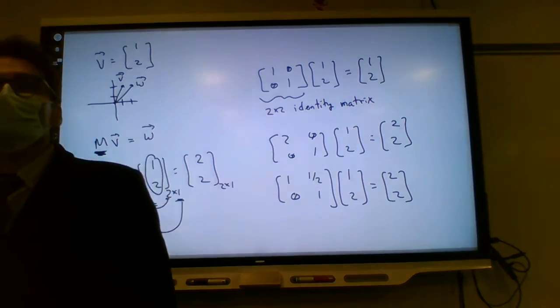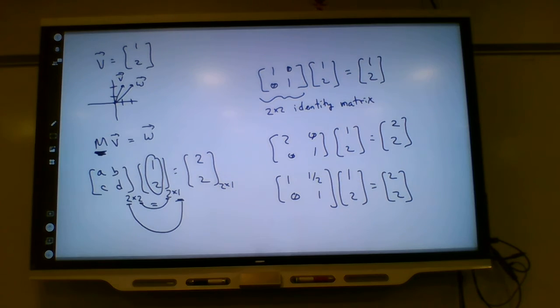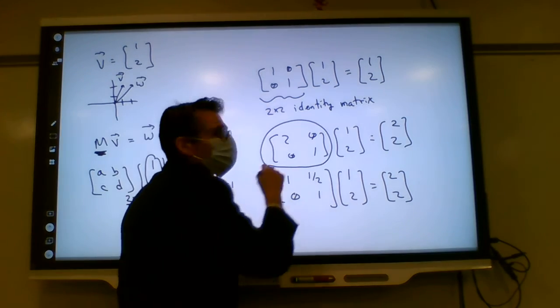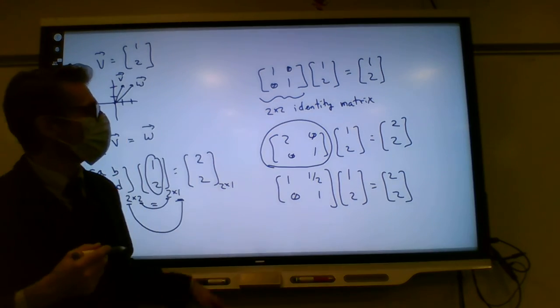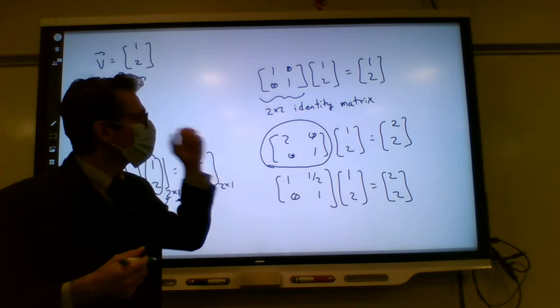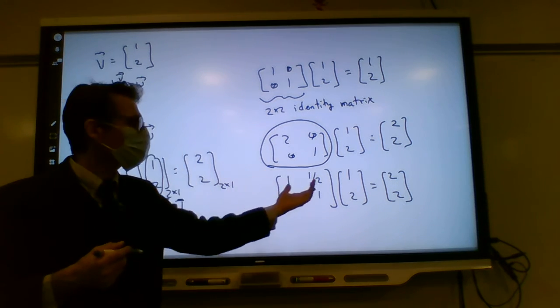So there's not necessarily just a single matrix that does that, but this matrix does other things that we'll see in a bit that we may not want to. If we just want to double the x value, then we use this matrix. If we just care about getting that output, then there's more than one way to get there.